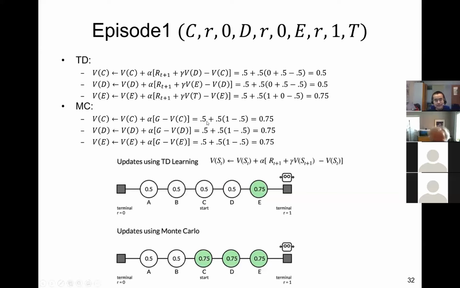So the initial value 0.5 plus alpha times (1, the return for the entire episode, minus the old value) gives 0.75. So C, D, E all have the updated value of 0.75.